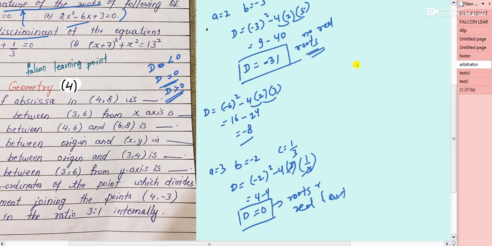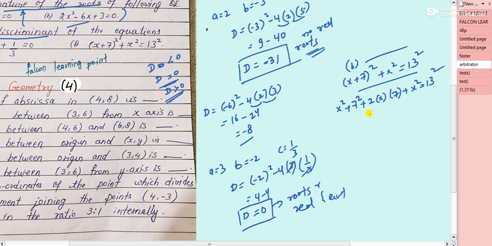Next is the last. Again, you have to find the discriminant. (x+7) square plus x square is equal to 13 square. So here you don't have this in standard form, so you have to expand this. So this becomes a square plus b square plus 2ab. Yes, and this is plus x square, which is equal to 13 square.